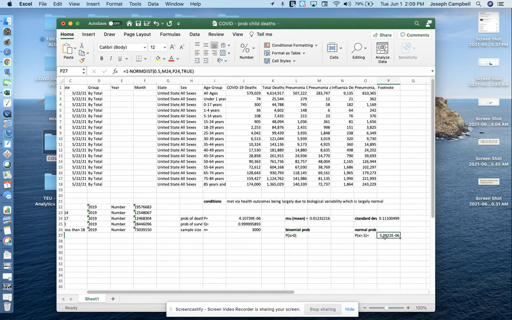So the answer I get once I run this normal distribution from 0.5 all the way to 3,000, given my mean, with 0.5 as our lower bound, is that we're coming from the left here, up to 0.5 with a mean of 0.01 and a standard deviation of 0.11, and we're accumulating.